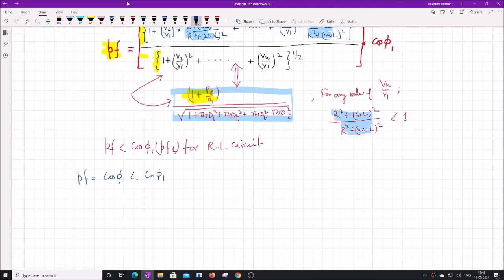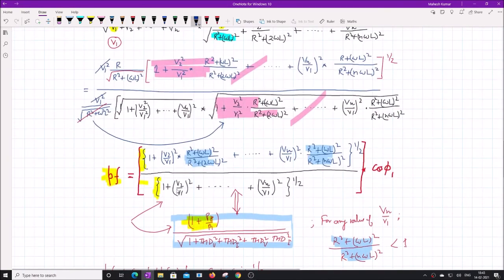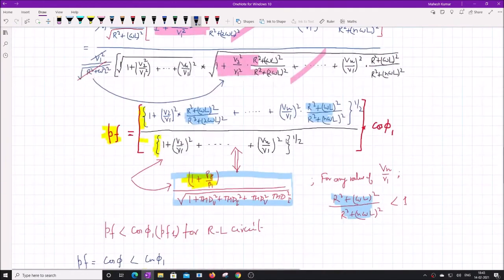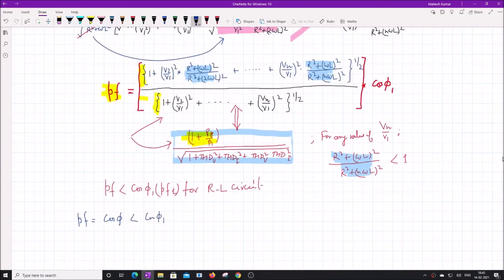Is it also true for RC circuit? We have to check it. Not sure. So for RC circuit, we need to change the components in the circuit and try to do the same analysis. Well, it should not be very difficult now because we already have done the analysis.